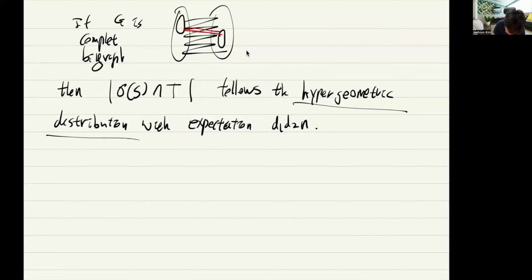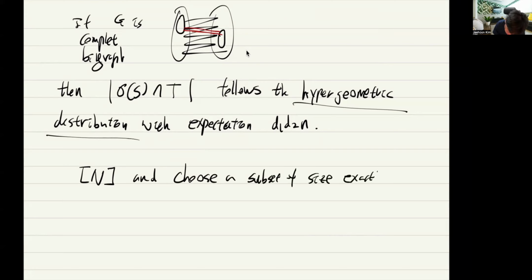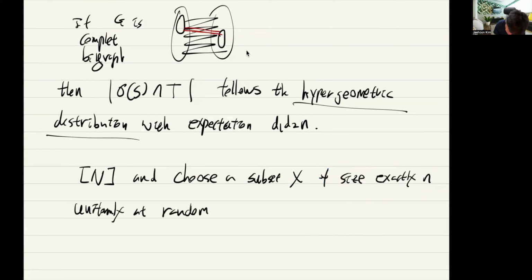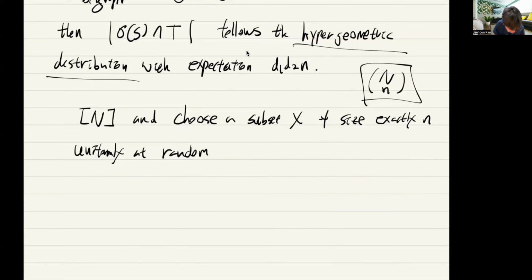It's like you have numbers from 1 to the capital N, and choose a subset of size exactly n uniformly at random. So there are N choose n such sets. Out of such sets, you choose one of them with the probability 1 over capital N choose small n.